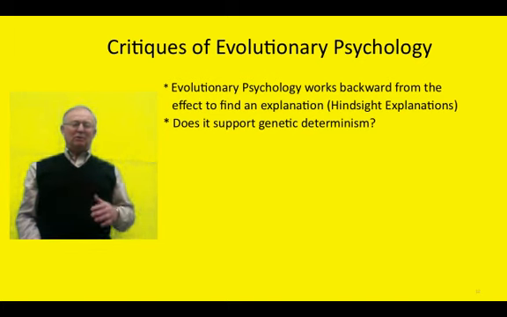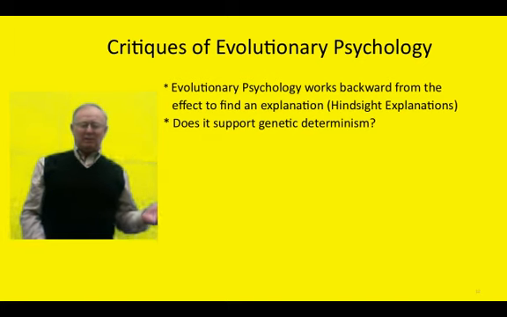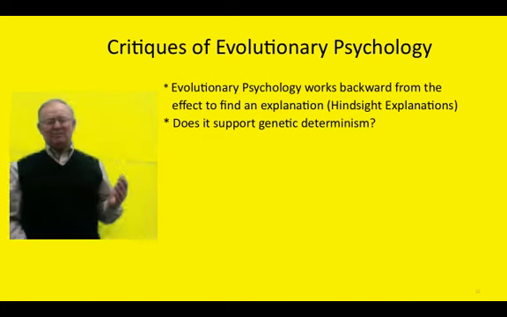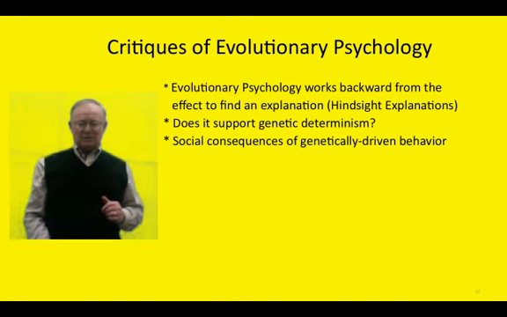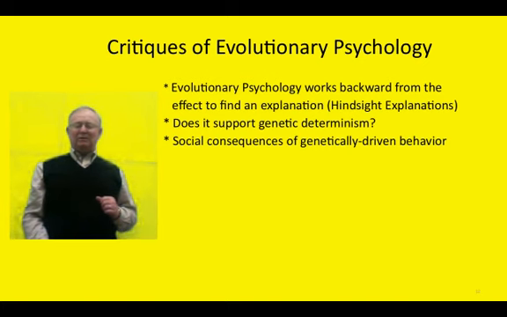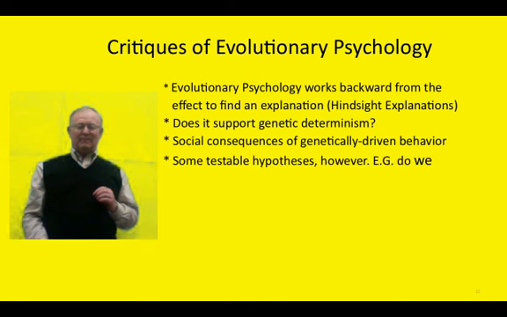If we behave the way we behave because of our genetics, and there's not much you can do about it, then perhaps infidelity in marital life is simply explained as an evolutionary psychology determined behavior. Social consequences of genetically driven behavior: if we are who we are because we're very much like animals, then it's very difficult to talk about holding people morally responsible for their behaviors.